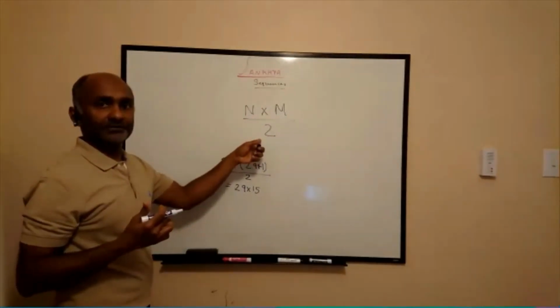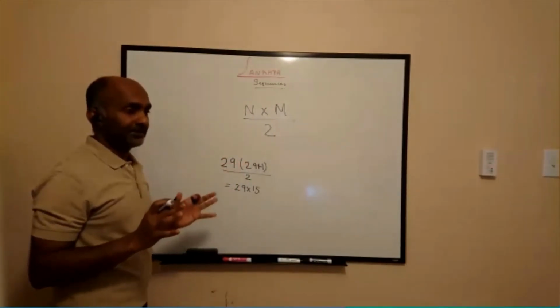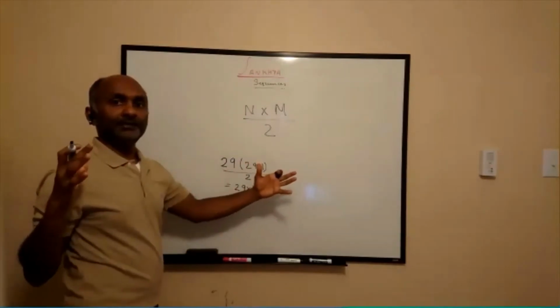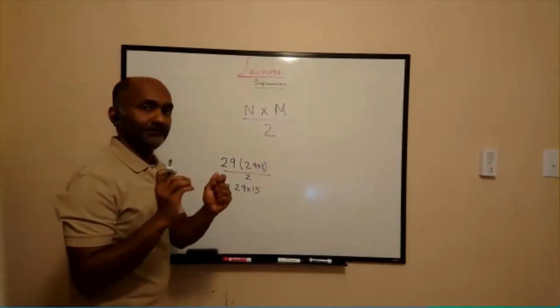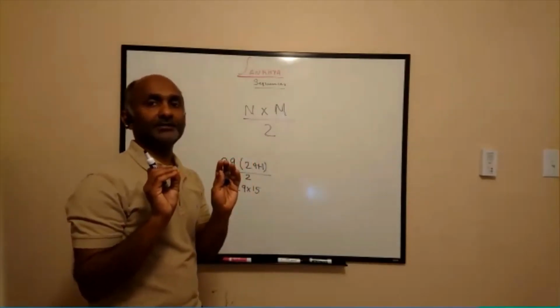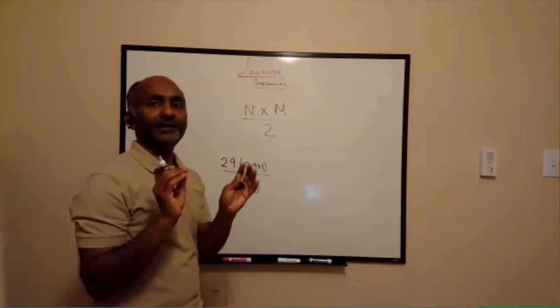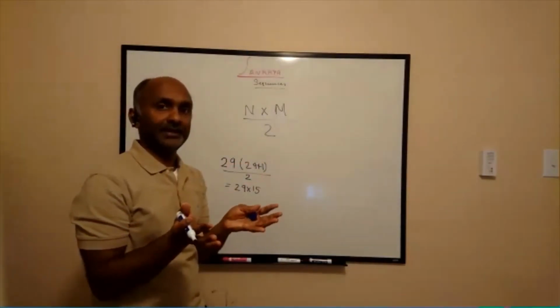Don't do that, because what you just did is you made something big and then you're going down again. We are all limited by how much math we can handle. The smaller the number, the easier it is, and the less chance of making an error.